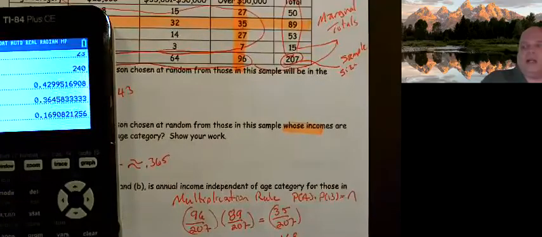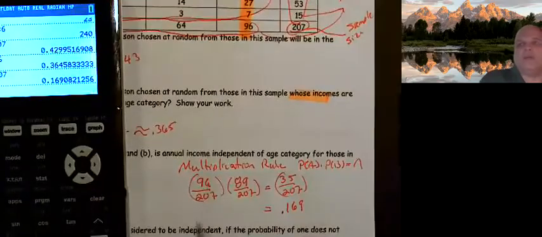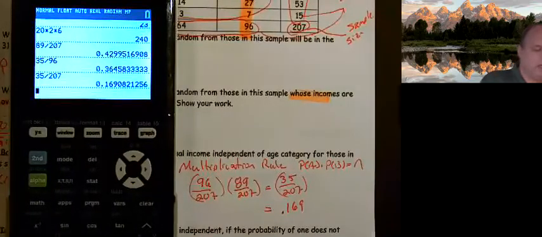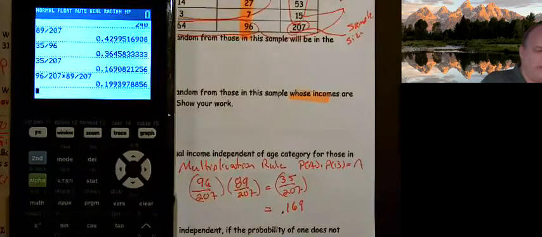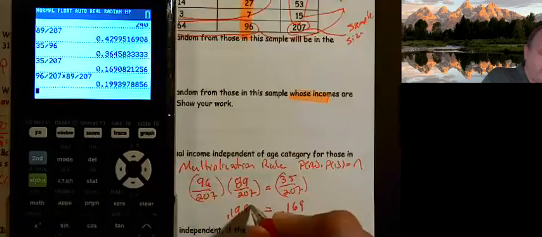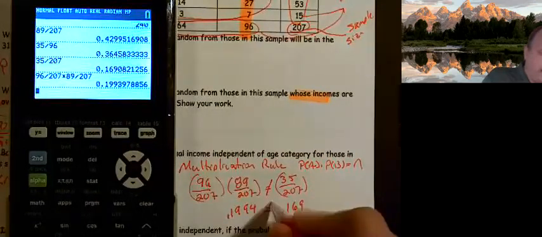And then I'm going to multiply the other two out, all right? Which is going to be 96 divided by 207 times 89 divided by 207. And I get 0.1994. Well, that means they're not equal.